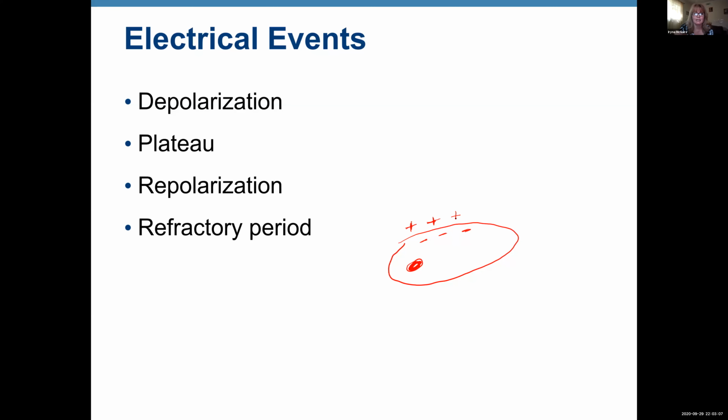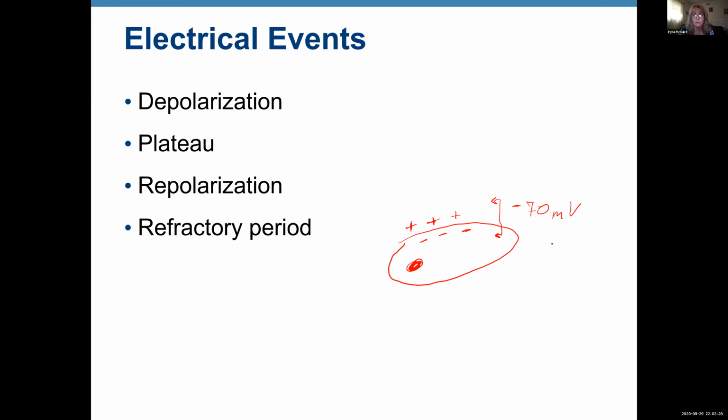So this cell is polar. And if we measure this voltage, it will be like minus 70 millivolts, from minus 70 to minus 100 millivolts. So this cell is polar.